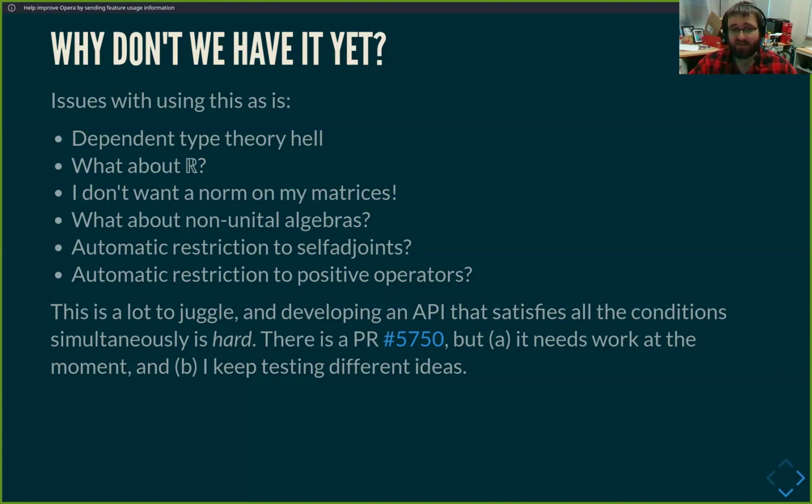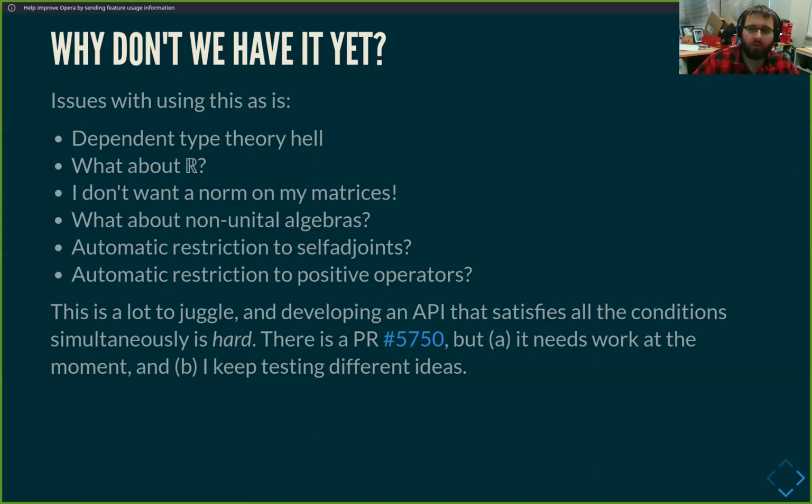Another issue is that this only works for the complex numbers, but maybe we want a continuous functional calculus on self-adjoint matrices with real entries or something like that. Another big issue is that this requires a C-star algebra, which means you need a norm, but things like matrices don't have a norm, so as is, we couldn't just apply this to matrices.